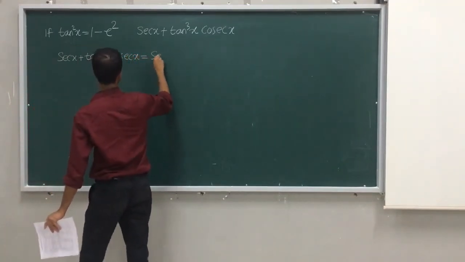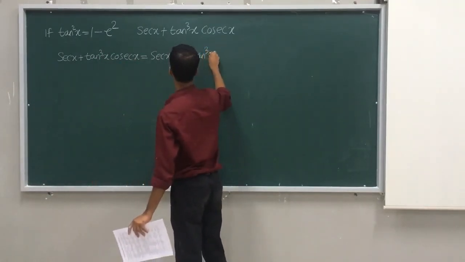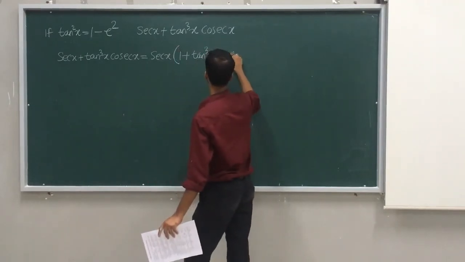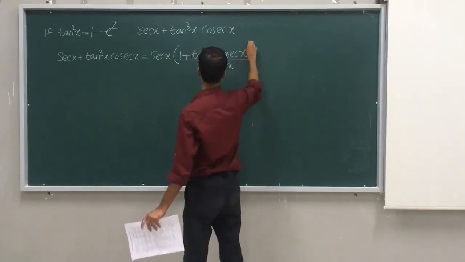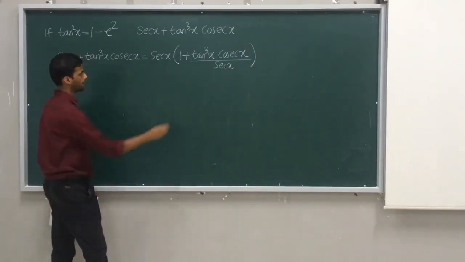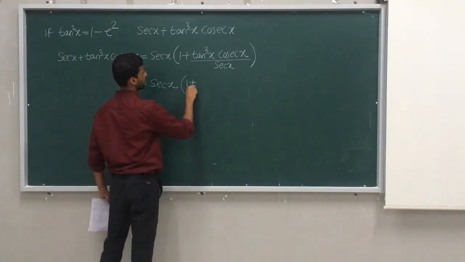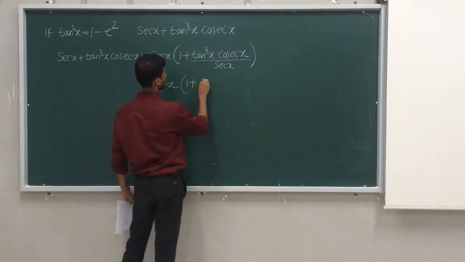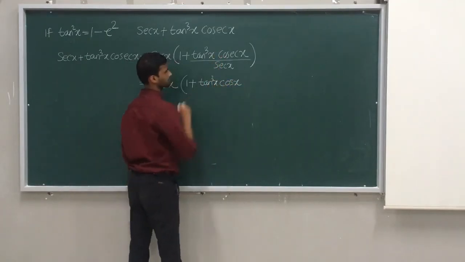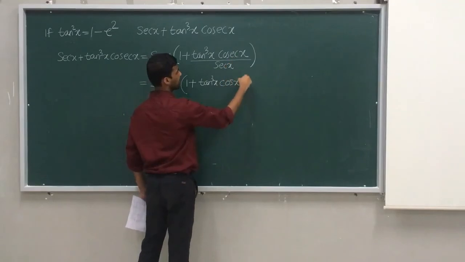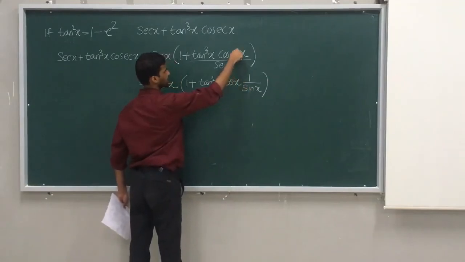If I take sec x common, what will happen? 1 plus tan cube x into cosec x upon sec x. Then I'll write this as sec x into 1 plus tan cube x. 1 by sec x is cos x, and 1 by sin x is cosec x.